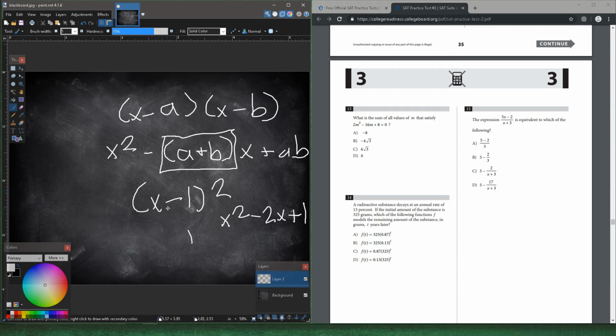Another time is if you're working with imaginary numbers. Actually, the only time it doesn't work with imaginary numbers is if it says all real answers. If it says all values, then it's not all real values.